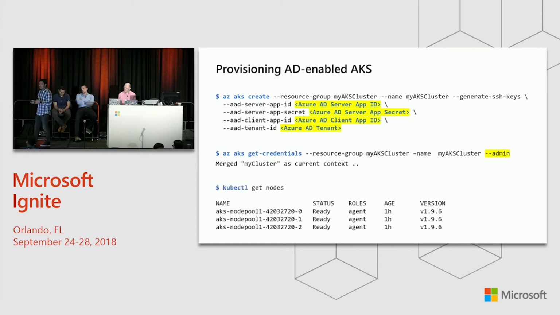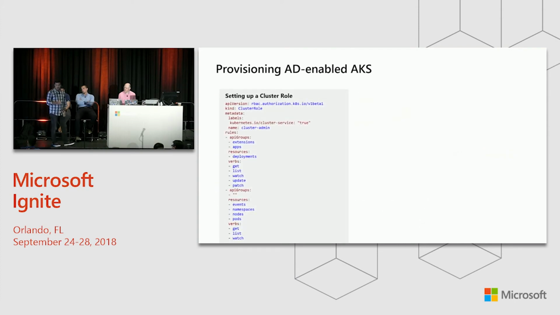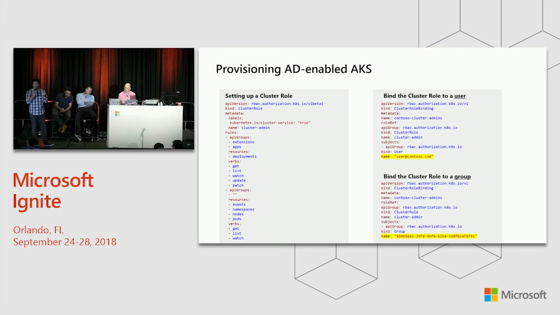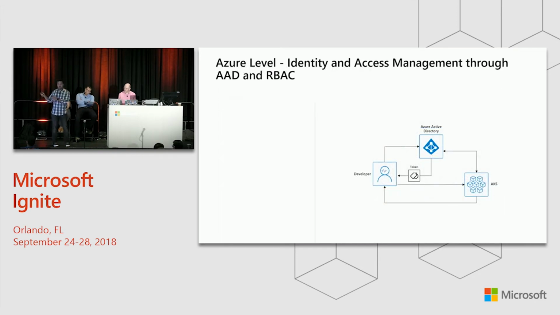And after you run some commands, you can, of course, do the important things that you need to do now, which is actually create some roles, like in this case, a cluster admin cluster role, and then bind those roles to particular users, like in the first example, or to groups, like app development team 1. After that is done, then the users are actually able to do the flow that you just saw.